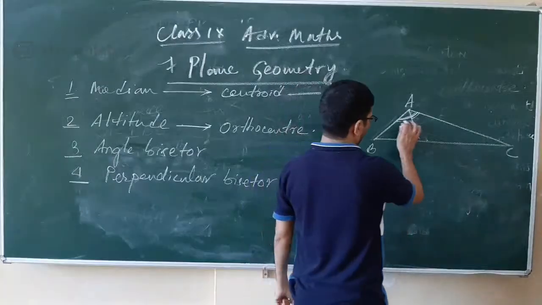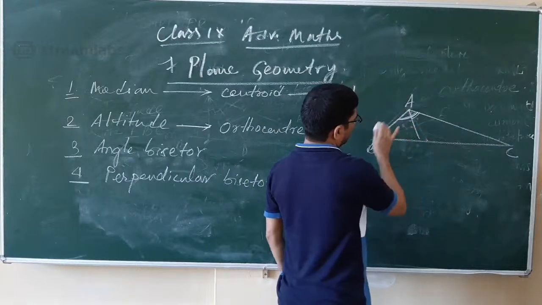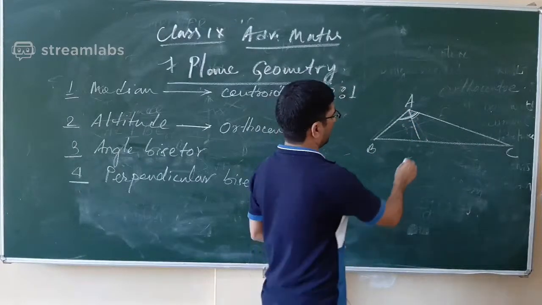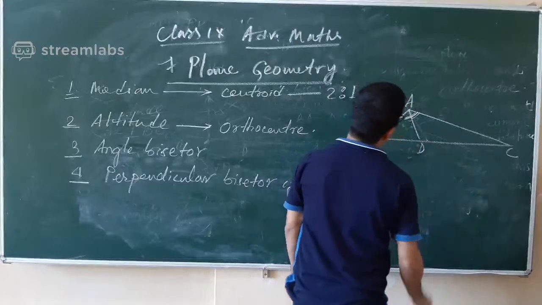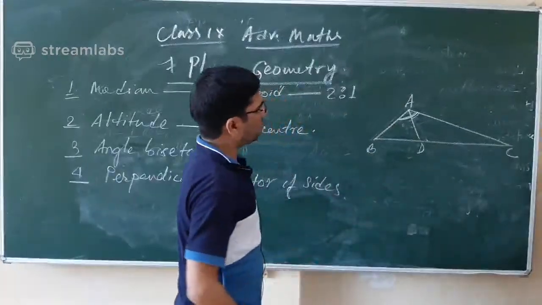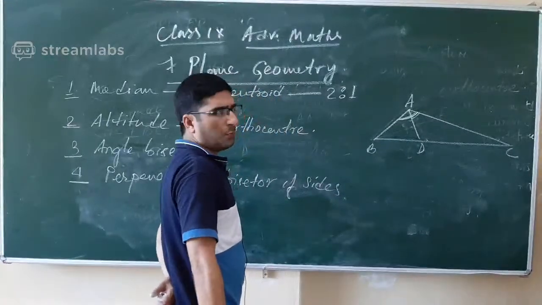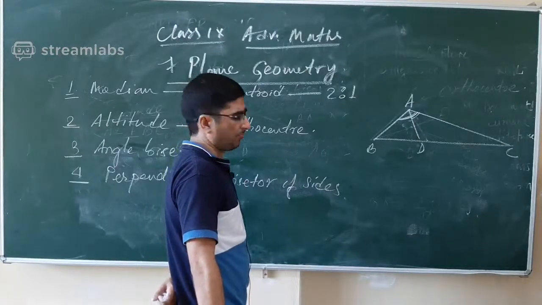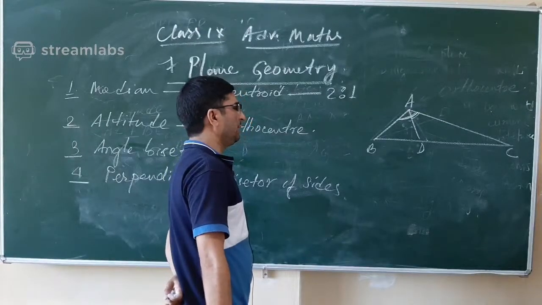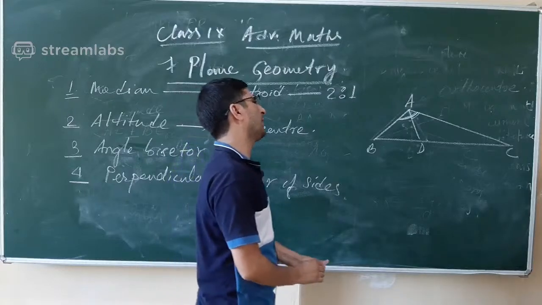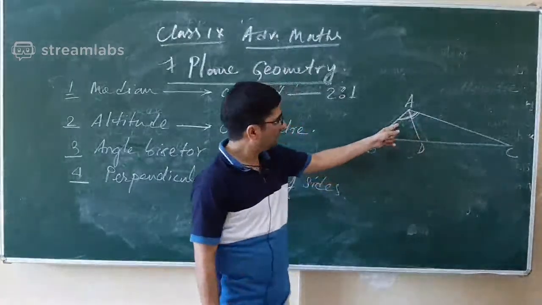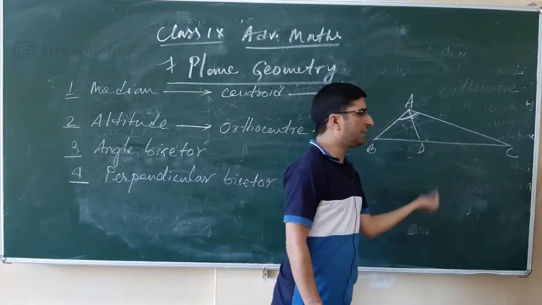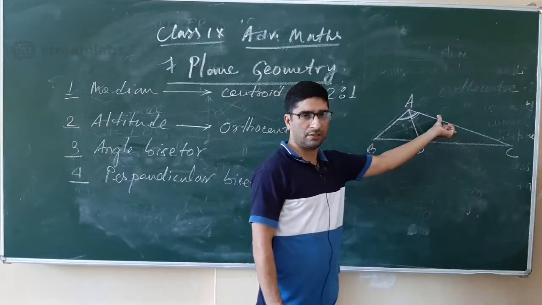Now, if AD is the angle bisector, what will happen? The angle bisector of an angle always divides the opposite side in the ratio of the other two sides. That means if AD is the angle bisector of angle A, then AD will divide BC in the ratio of the other two sides.